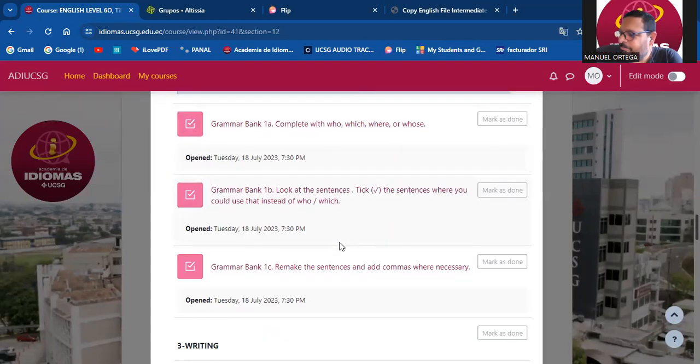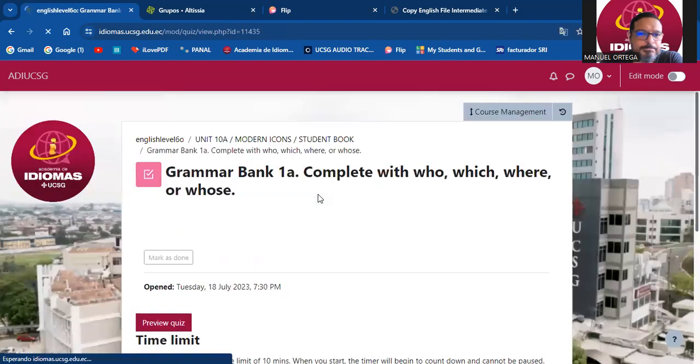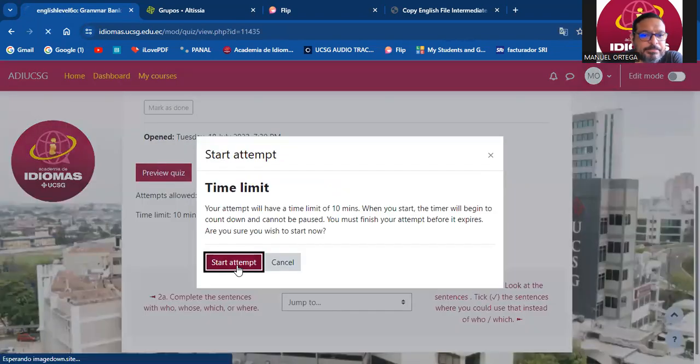Let's continue. So the next one that we have is Grammar Bank 1A. As usual, let me open mine so we can take a look at it together.